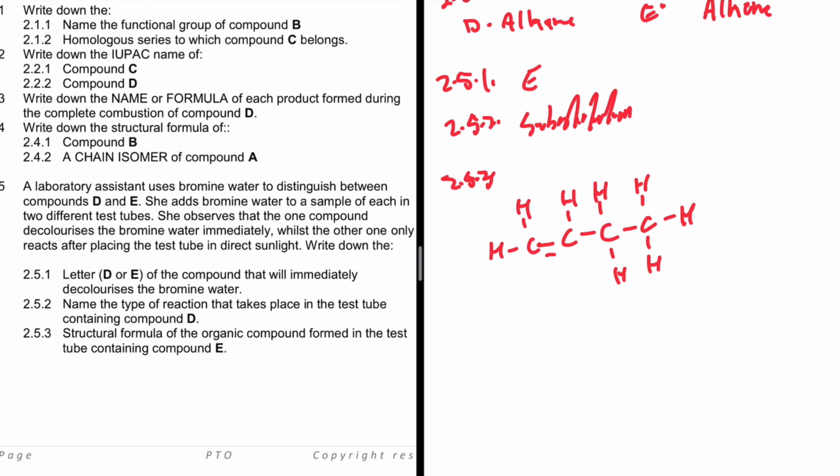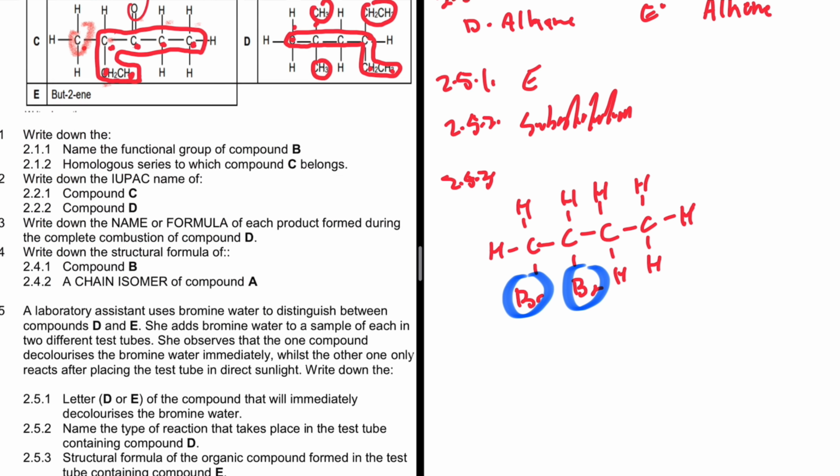And then we add bromine water. So it is essentially plus Br2. So obviously what is going to happen, this double bond is going to break. And what are we going to have? Right, we're going to have Br and Br. Right, there we go. That is the structural formula of the organic compound formed in the test tube containing compound E, right, which is but-2-ene.